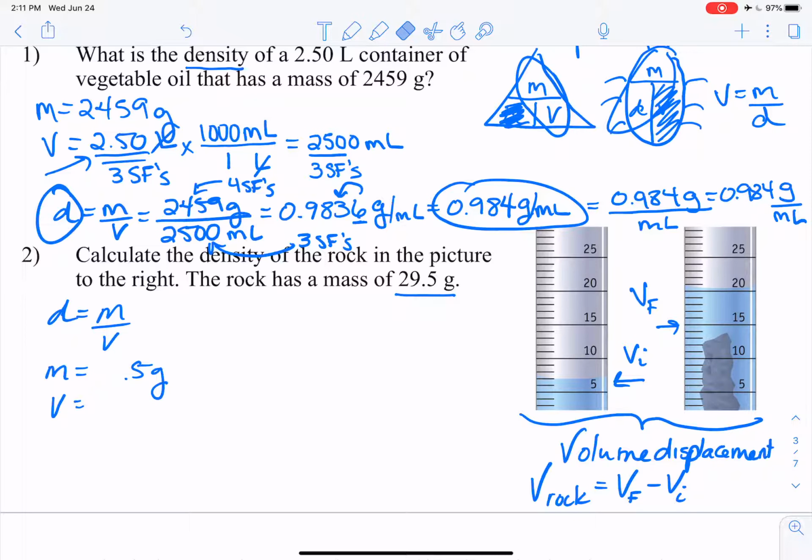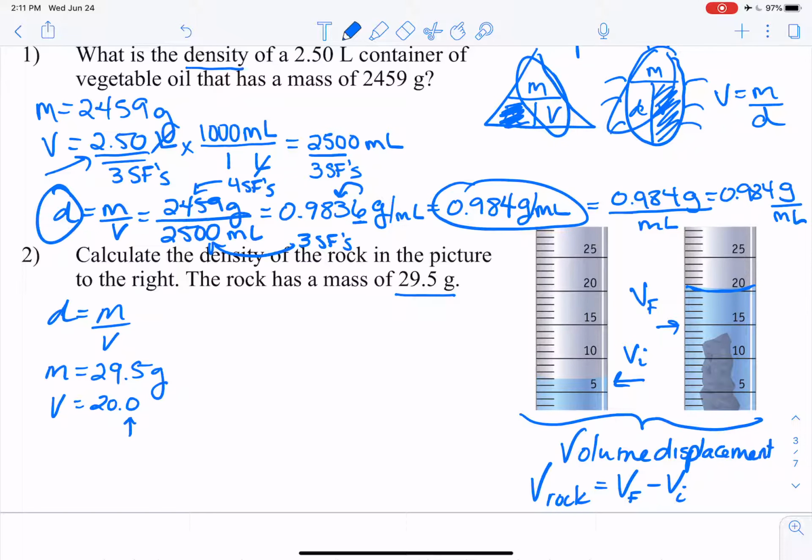So the volume here would be V final, and if we read the bottom of this meniscus right here, it would be 20.0 or 20.1. Remember that last column right there is where we have some wiggle room.